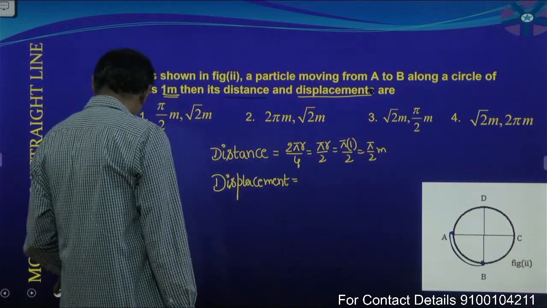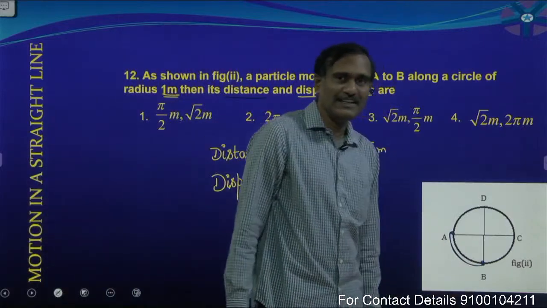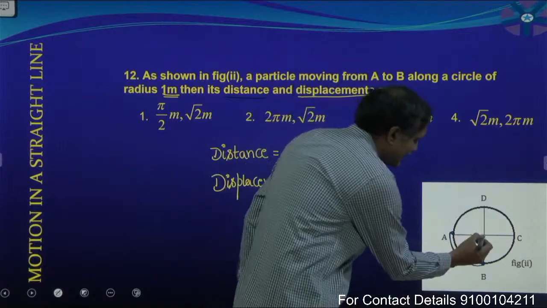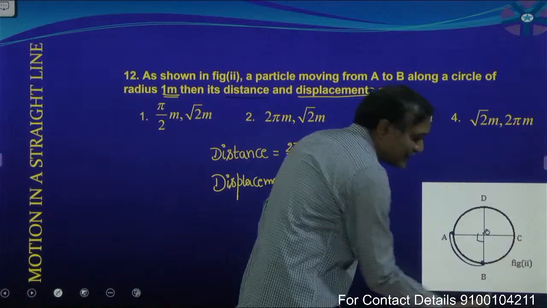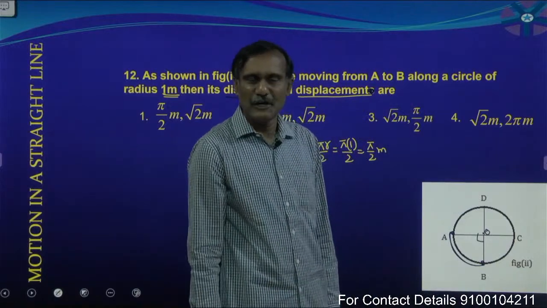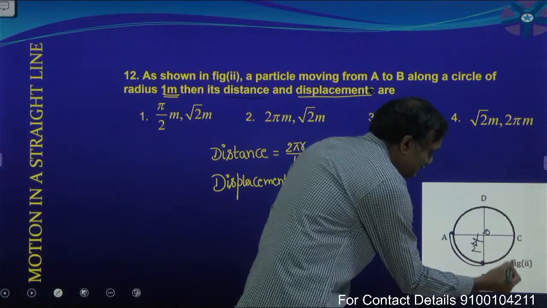Here you observe that the particle travels from A to B such that its radius subtends an angle at the center. How much is that angle?